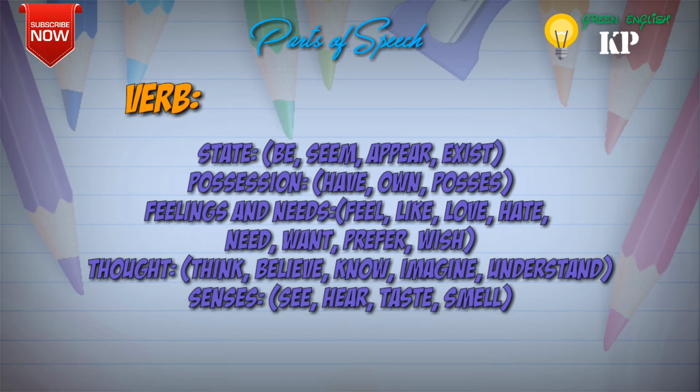Thought: think, believe, know, imagine, understand. Senses: see, hear, taste, smell. Note, you must remember both the definitions as you are going to need them. Otherwise, you will get confused.